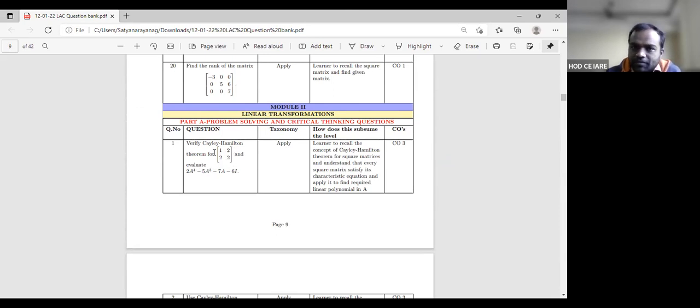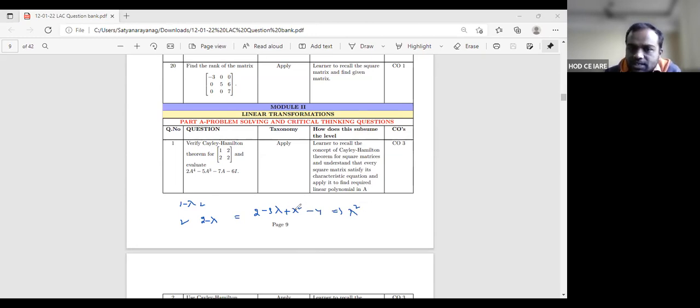So we have getting to the eigenvalues and means the characteristic equation: 1 minus lambda, 2, 2, 2 minus lambda. So you can getting to the value is 1 minus lambda into 1 minus 2 minus lambda is 2 minus 3 lambda plus lambda square minus 4.